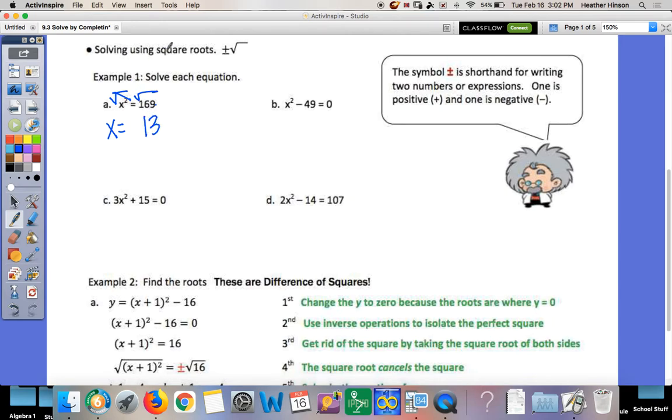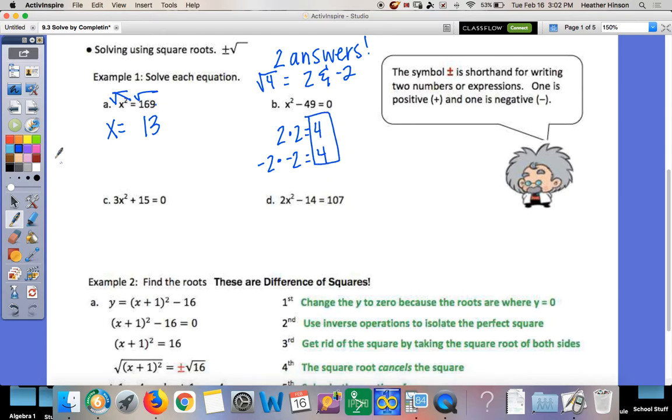Now, the thing about square roots is square roots actually have two answers. The square root of 4 is not just 2. It's 2 and -2. The reason it has two answers is because 2 times 2 is 4, but also -2 times -2 is 4 as well. So both of those give you a 4. That's why there's two answers.